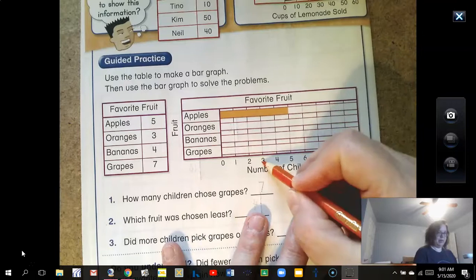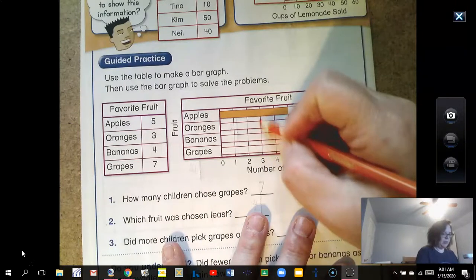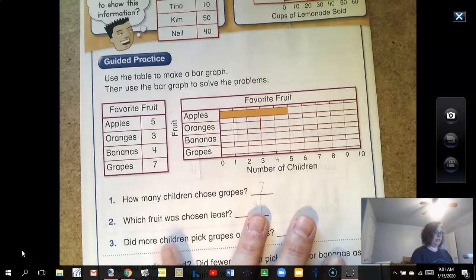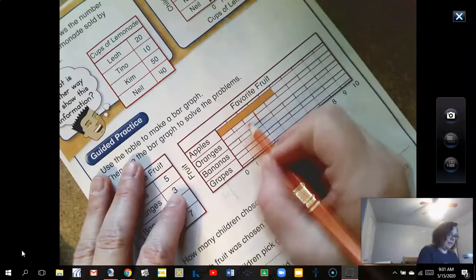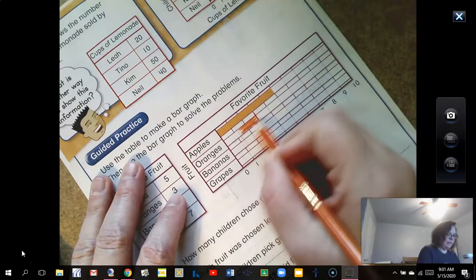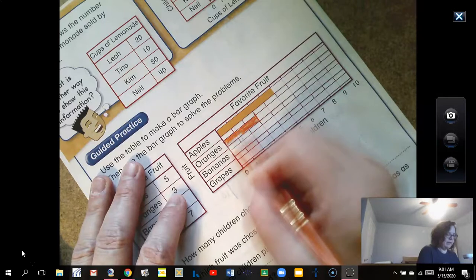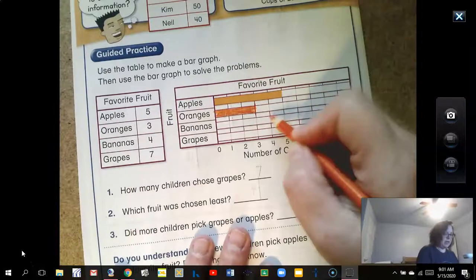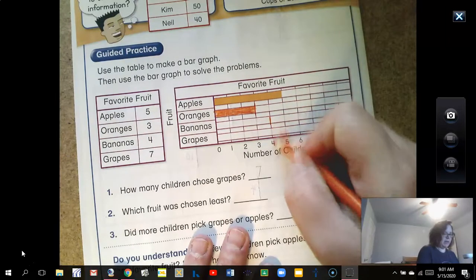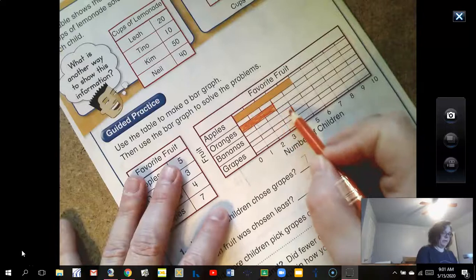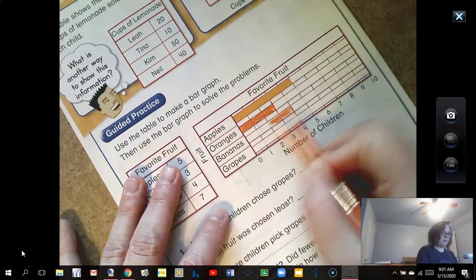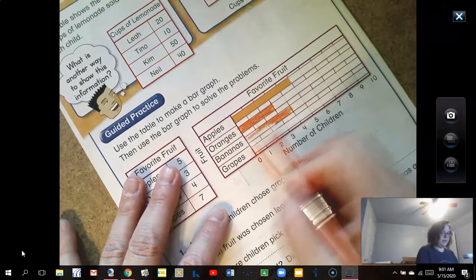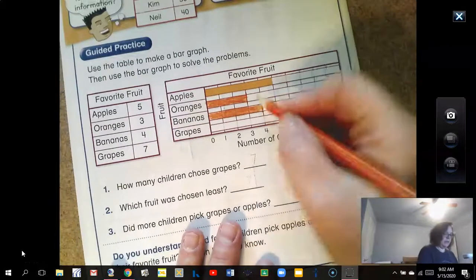So find the number 3, go up, do a little dot here, and then shade it in neatly. Bananas, 4, follow it up, shade it in neatly.